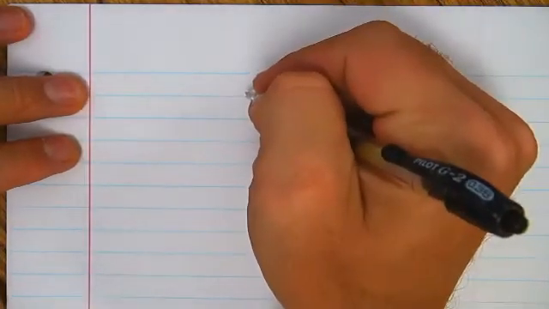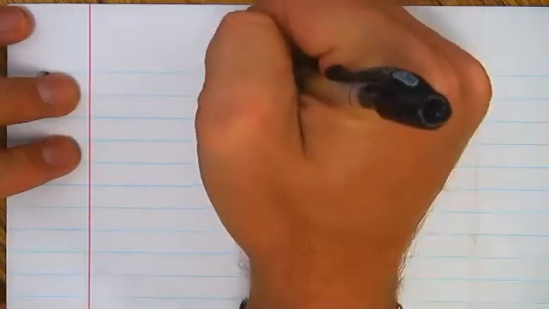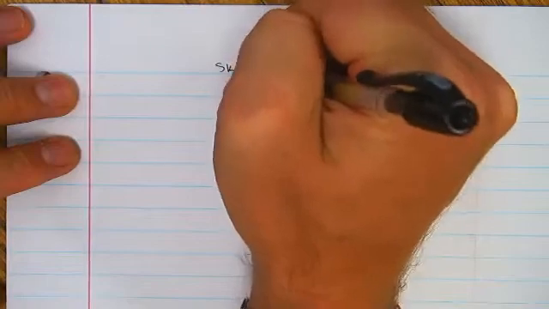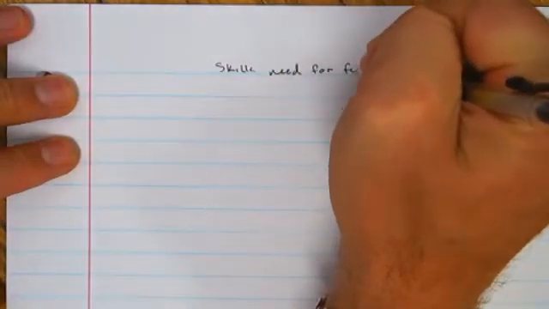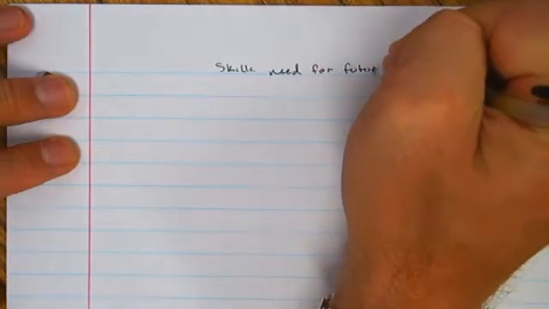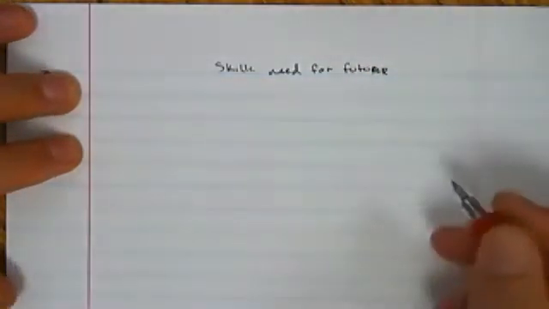Okay. And so the first one is going to be distribution. All right. And so we're just going to go real simple with this one. And these are our skills needed for the future.